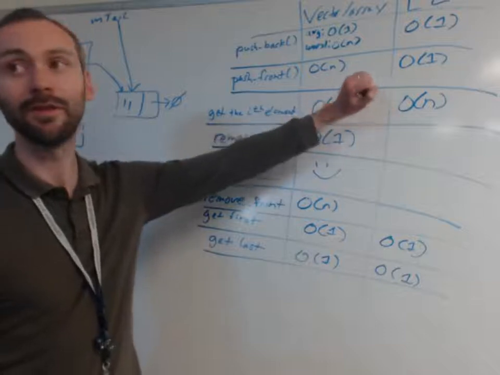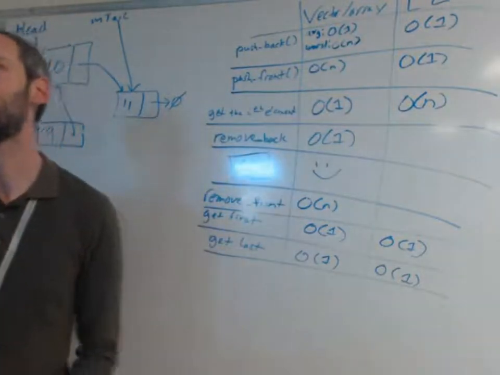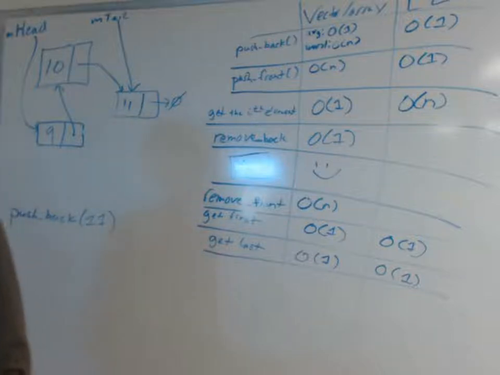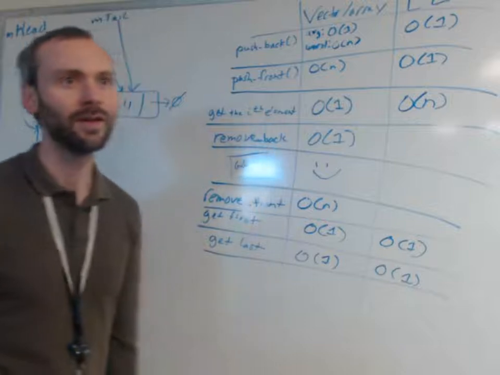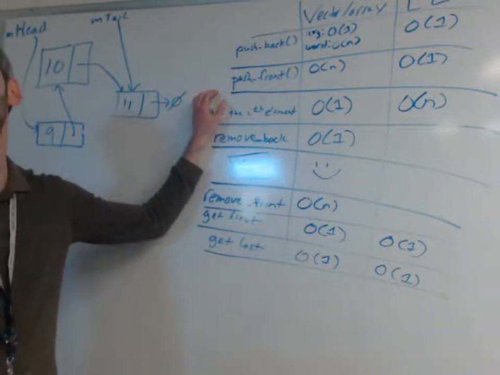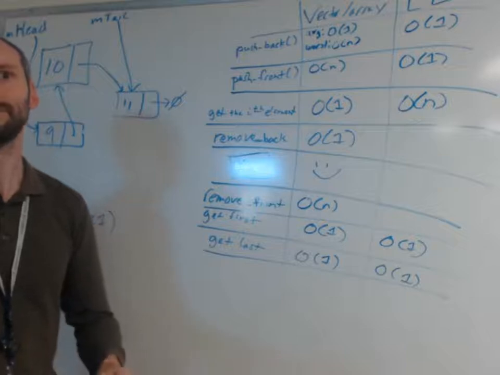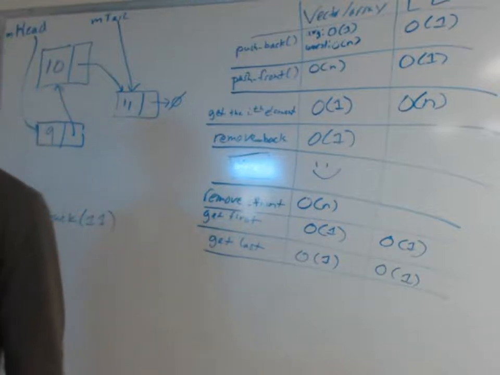But here you go. Look at that. Here's the big difference between the two. Adding to either side of a linked list is super fast. Trying to get a random value is slow. The exact opposite is the case with an array. Y'all see the difference? Excellent.